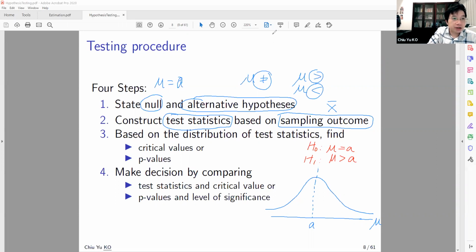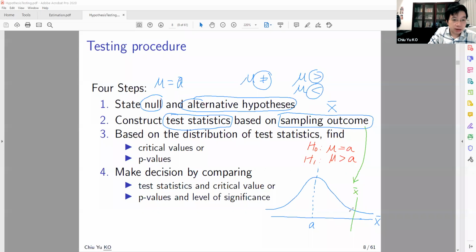So that means if we collect a sample, the distribution should be that of X bar, sorry. This is the distribution, and suppose when you do the actual data, you get this number. This is the actual sample we got, from the sampling outcome, okay?